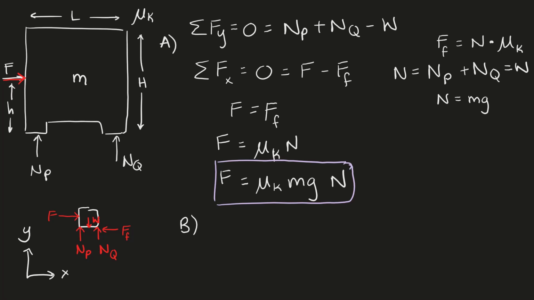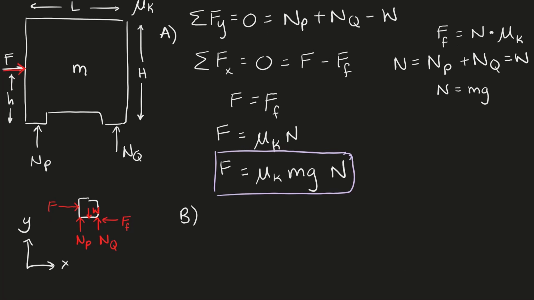So we have the equation we already wrote, so we can write NP equal to the weight minus NQ.